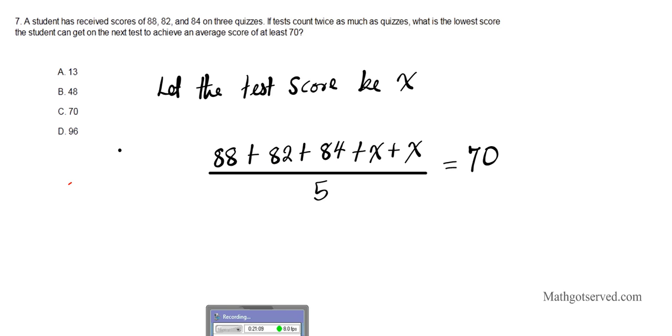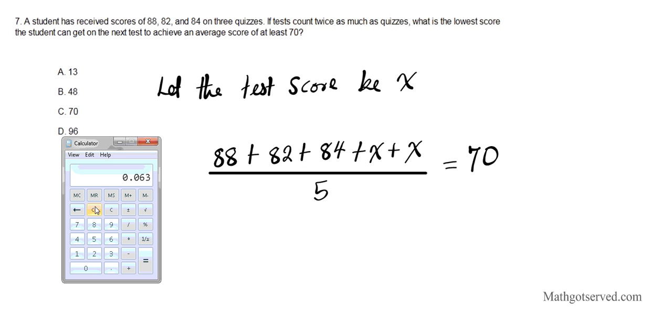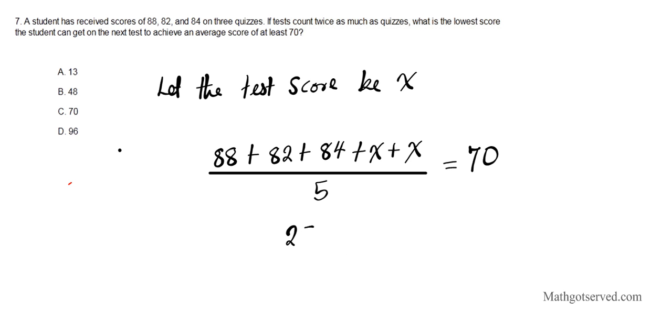Let me use a calculator for this. 88 plus 82 plus 84 equals 254.